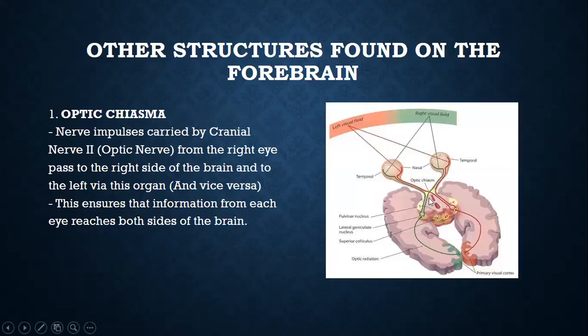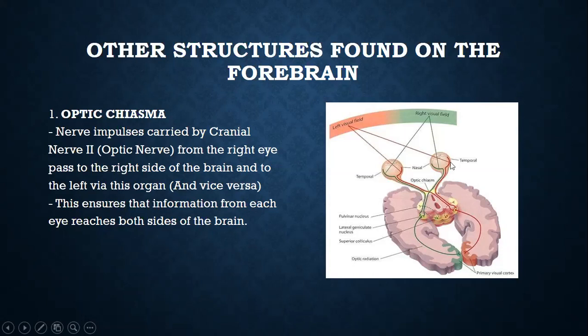Optic chiasma. So nerve impulse is carried by cranial nerve number 2, which is the optic nerve, from the right eye, passes to the right side of the brain and to the left side via this organ. This ensures that information from each eye reaches both sides of the brain. So this is where it looks like. So these are the eyes, and then this is the optic chiasma.